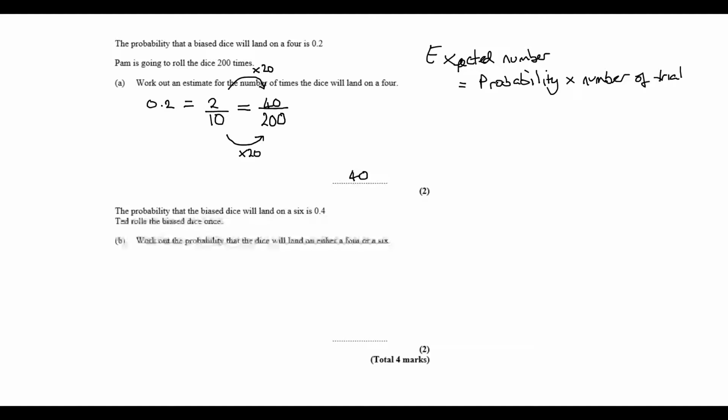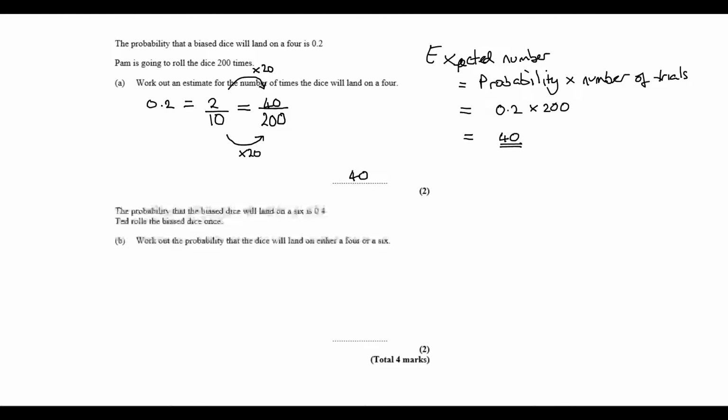I do apologise for my poor handwriting here, but it's quite tricky actually getting used to this. So the probability of 0.2 times 200. Now we know that 2 times 200 is 400, but 0.2 is a tenth of that, so 0.2 times 200 will be 40. So that's another way of doing that question.